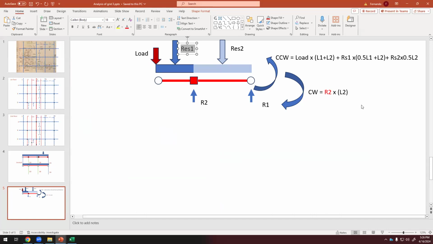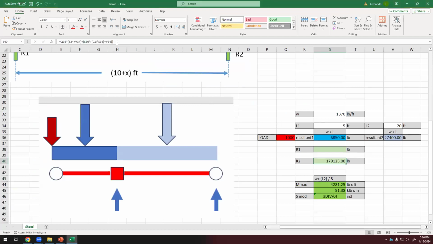Okay, so that's a piece of cake. Plus parentheses resultant 2 times 0.5 times L2, this one, and close parentheses, click OK, and we have a valid number. So are we done yet?